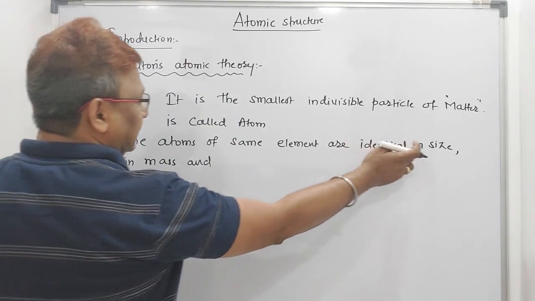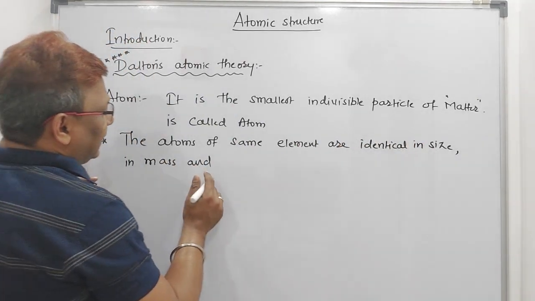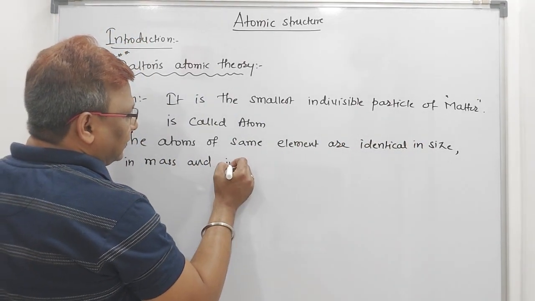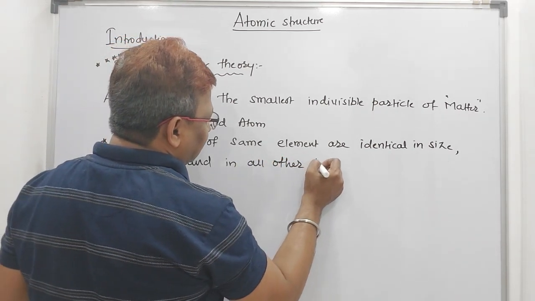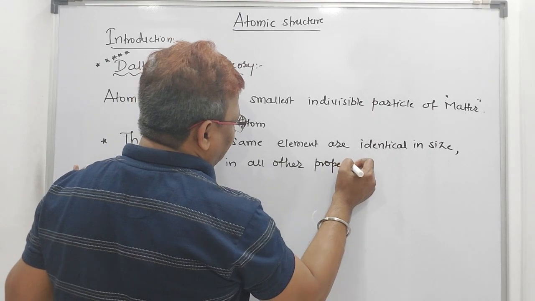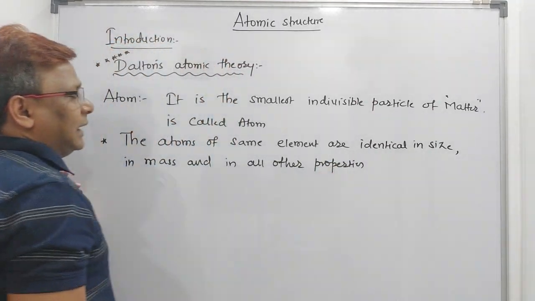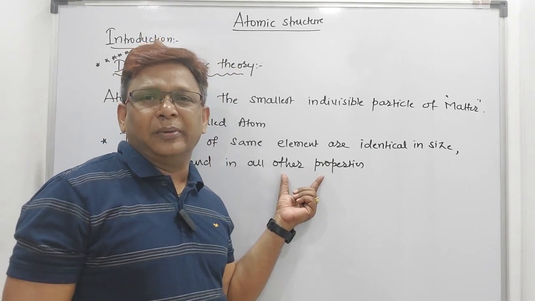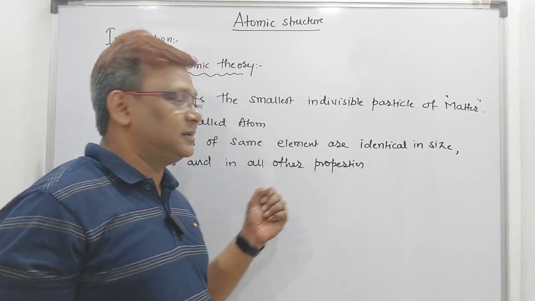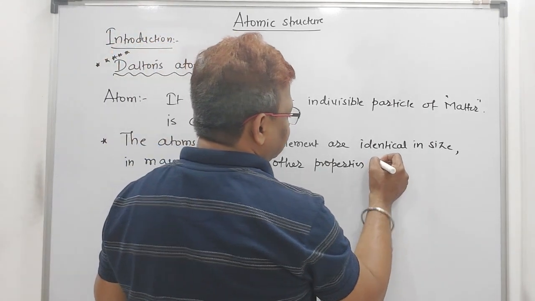Identical in size, identical in mass, and identical in all other properties, meaning identical in physical properties and identical in chemical properties, right? In all respects.